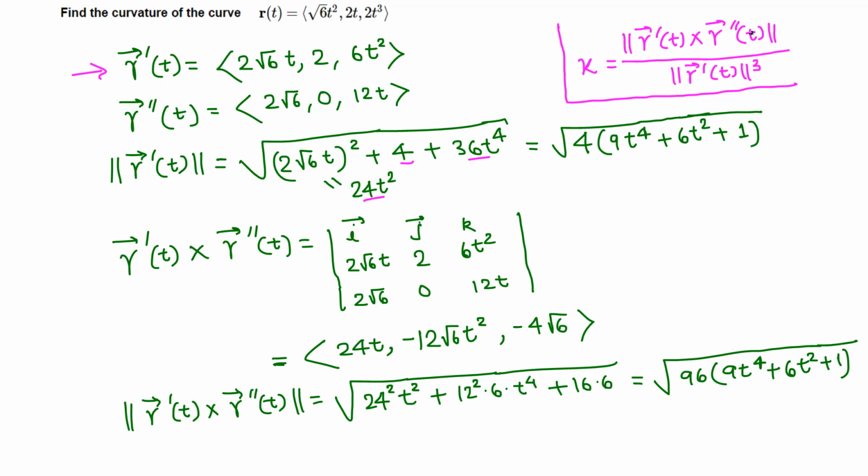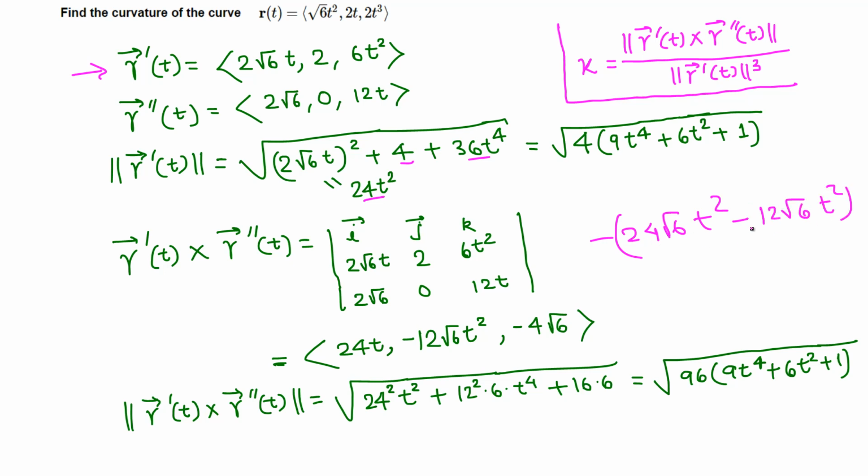And next we need the top, so let's find the cross product of r prime and r double prime, i j k. So this is r prime, r double prime, and for i we just remove the row and column. 2 times 12t, that's 24t, minus this side 0, just 24t. For j we put a negative in the front, and we multiply this way. 2 times 12, 24 root 6 t squared, minus this, 6 times 2, 12 root 6 t squared.